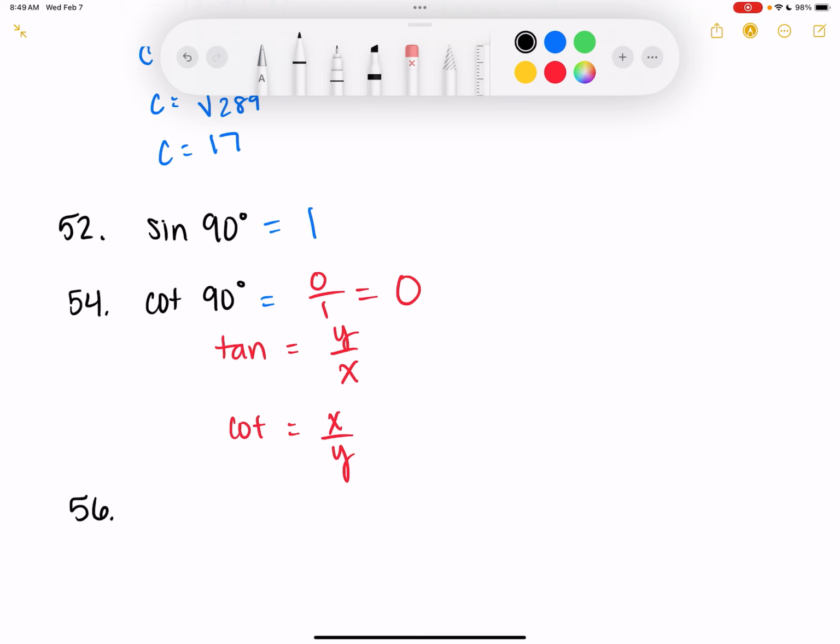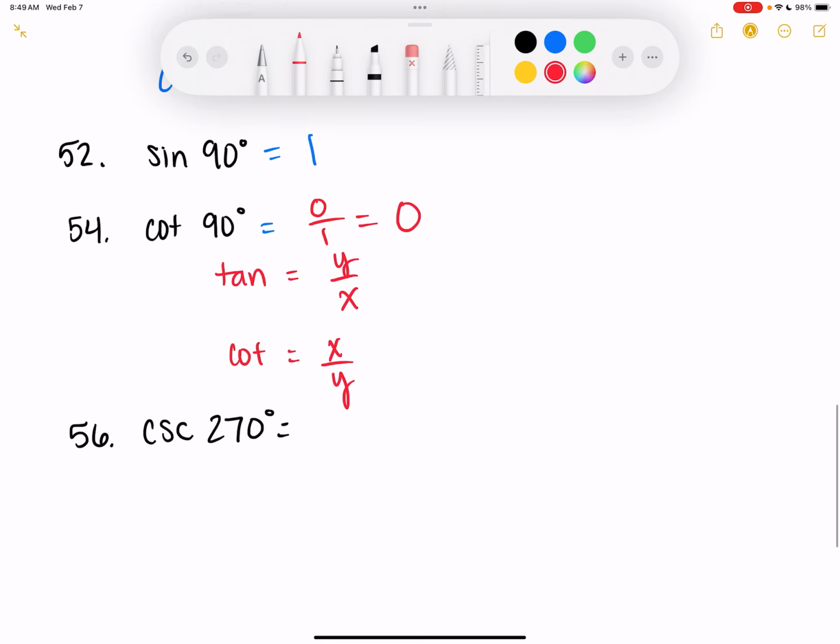56. Cosecant of 270 degrees. So cosecant is related to what other trig function? It's the inverse of what other trig function?